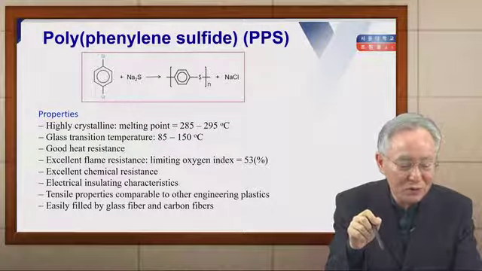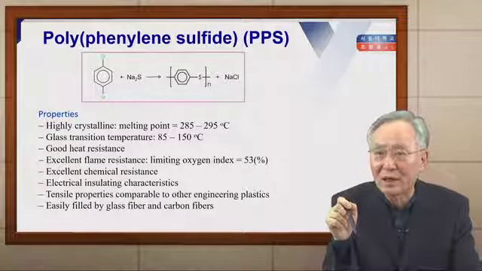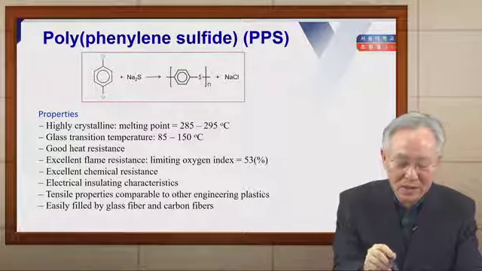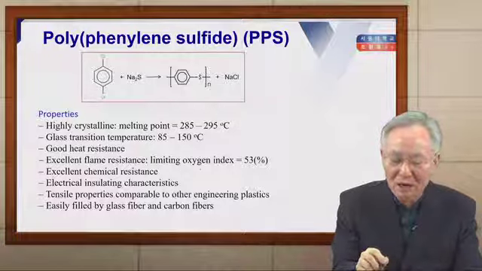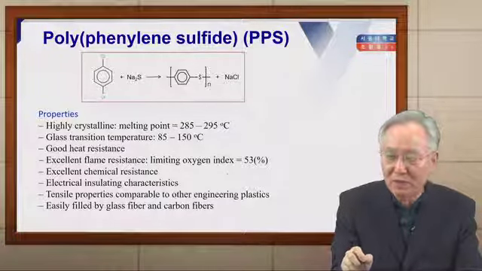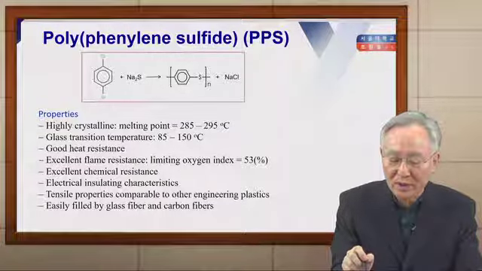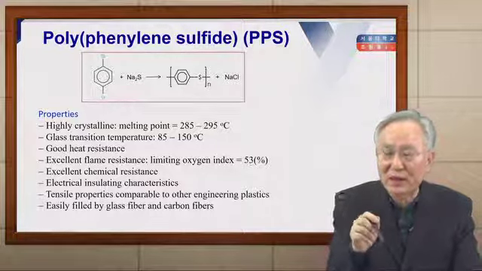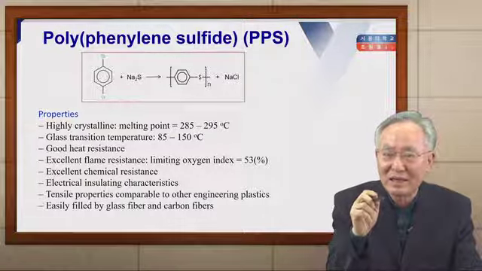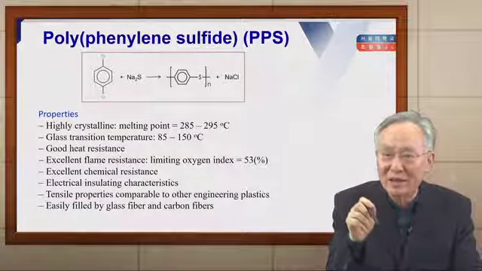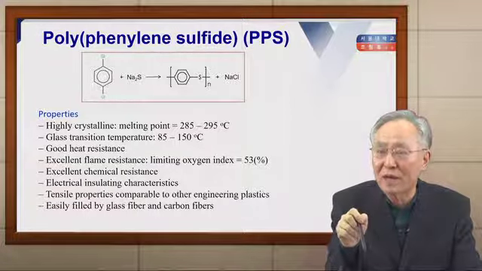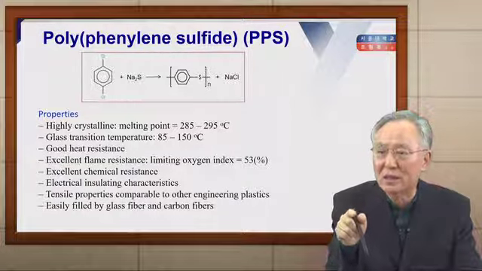And PPS shows good heat resistance and excellent flame retardance. The limiting oxygen index of PPS is 53. This 53 means that when the oxygen composition in the air is higher than 53%, the plastic just starts to burn.